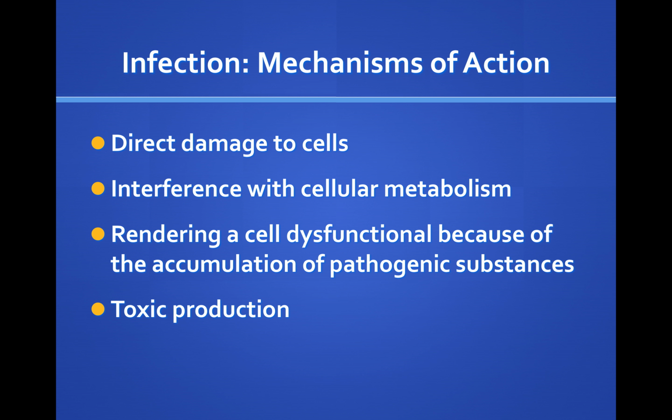It renders a cell dysfunctional, meaning it's not functioning as it should because of the accumulation of pathogenic substances. And then there's a toxic production of whatever the pathogen is trying to present.